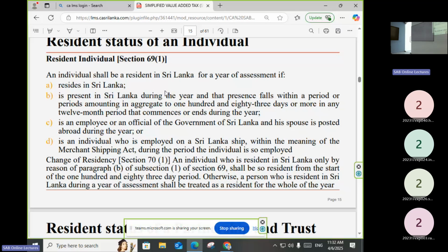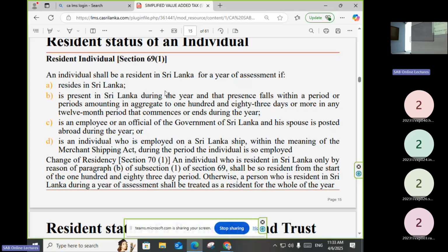So what is the danger? Becoming a resident. If somebody is recognized as a resident individual for Sri Lanka tax, when we work out his taxable income, we are not bothering about where that income is coming from. That is the difference, that is the danger.